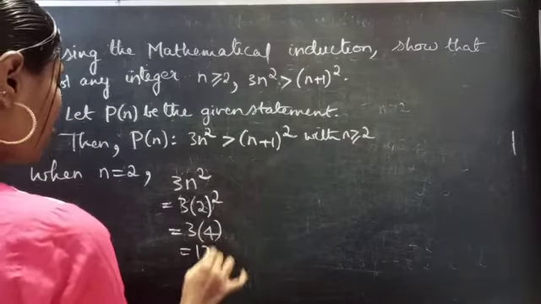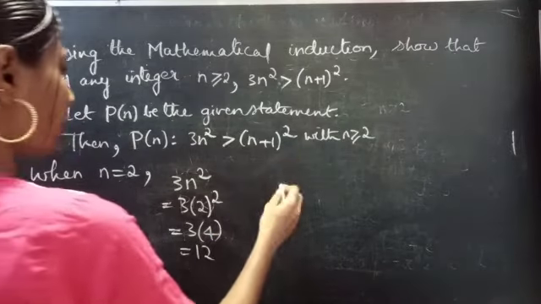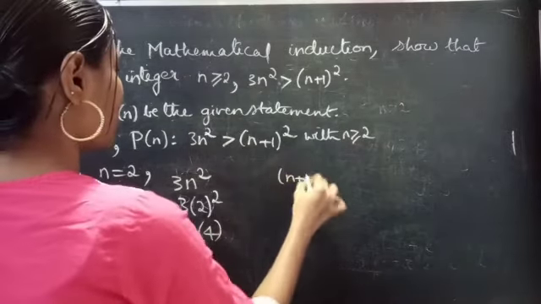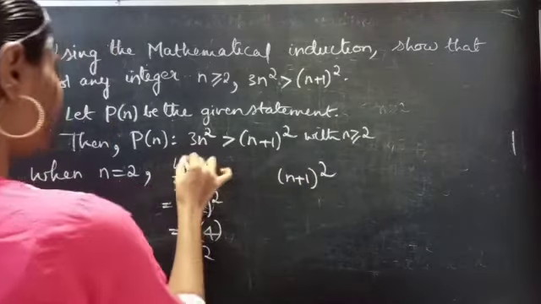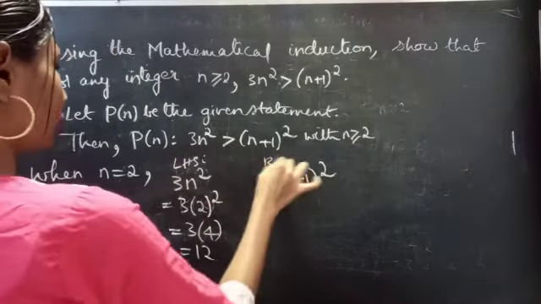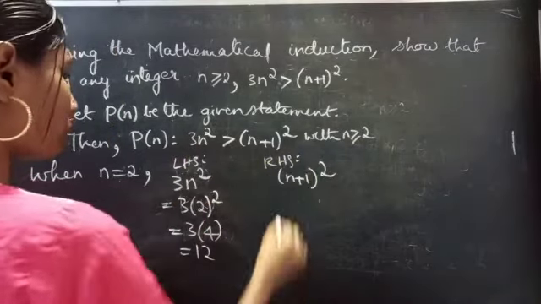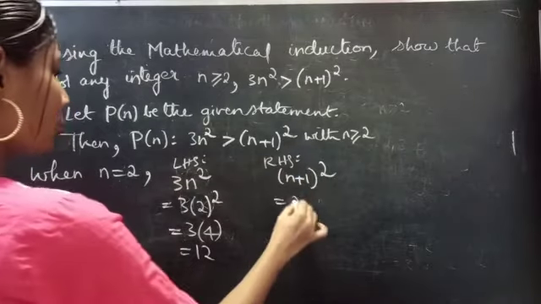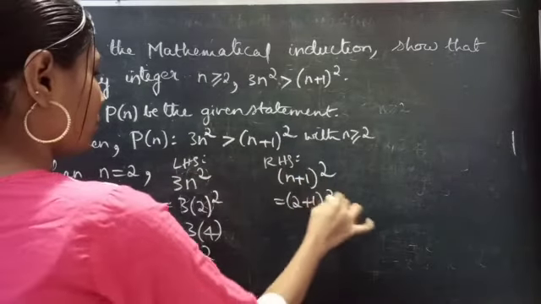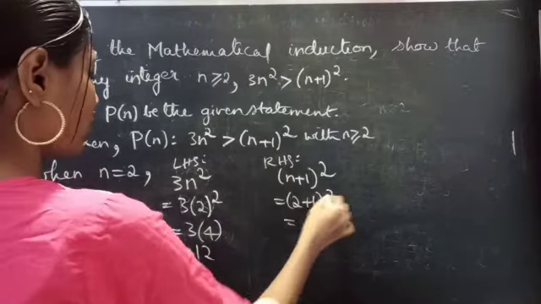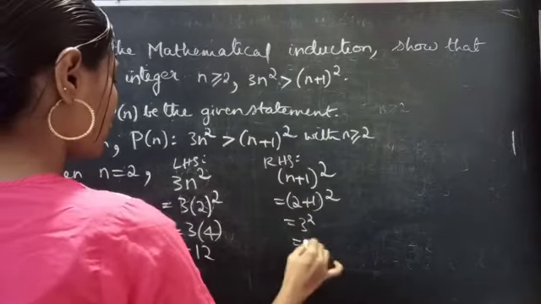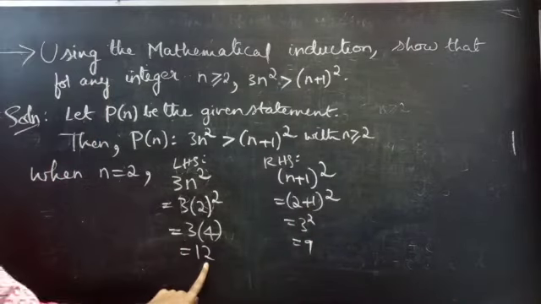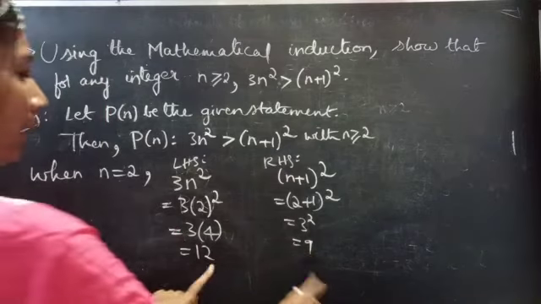3 4s are 12. Now consider the RHS part, n plus 1 whole square. Put n equals 2. Then you'll get 2 plus 1, 3 square, which is equal to 9. It is clear that 12 is greater than 9.